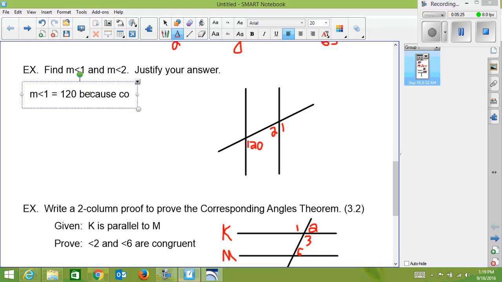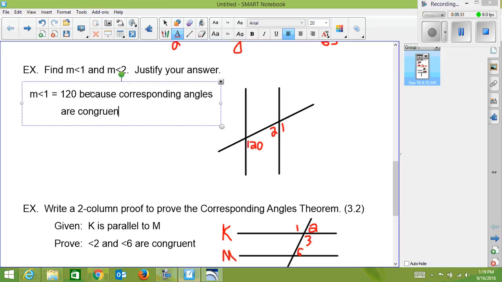Because corresponding angles are congruent. So corresponding angles, if I gave you this one and I said it's 120 and these two lines are parallel, I know that the corresponding angle to this one, which would be angle 1, is 120. So then measure of angle 2 would equal 60.